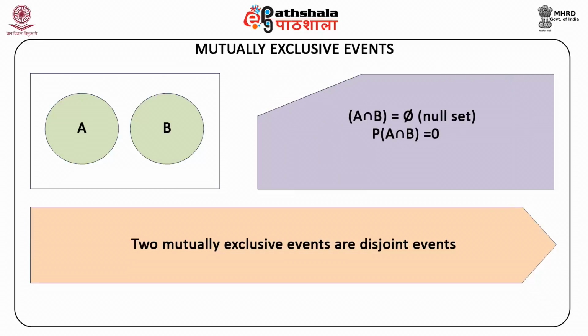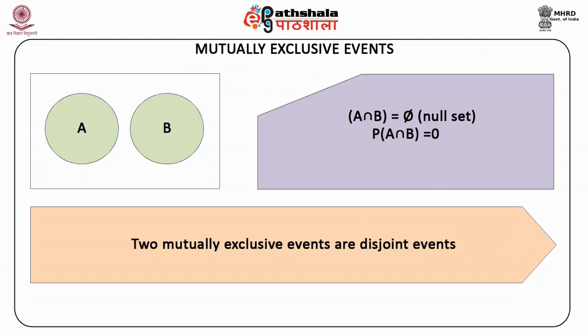Hence, A intersection B is equal to phi, the null set, which implies P of A intersection B is equal to 0. In a Venn diagram, two mutually exclusive events A and B may be represented as two non-intersecting circles as shown in the figure. In the figure, the two events A and B are disjoint, and hence, according to the addition rule, the probability of occurrence of either event is the sum of each individual probability.